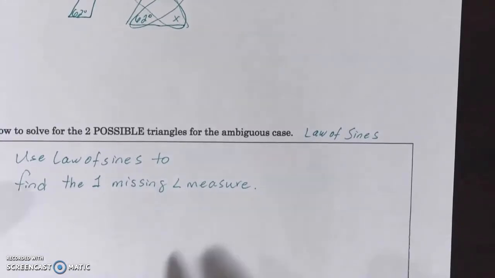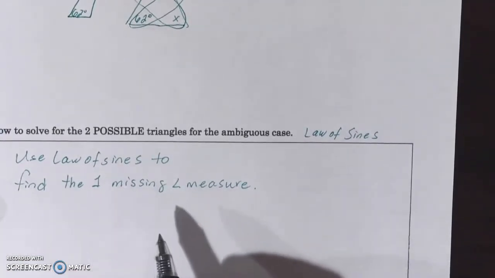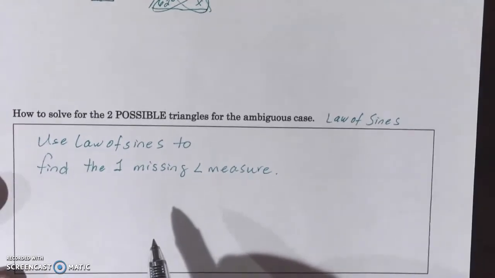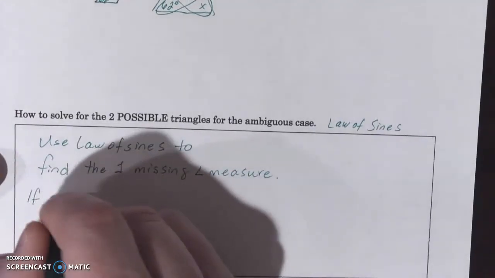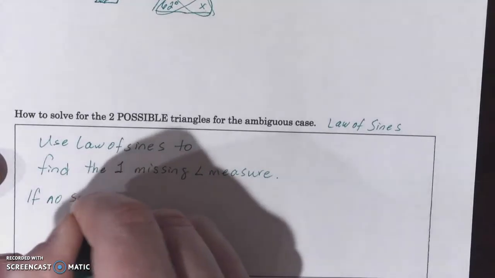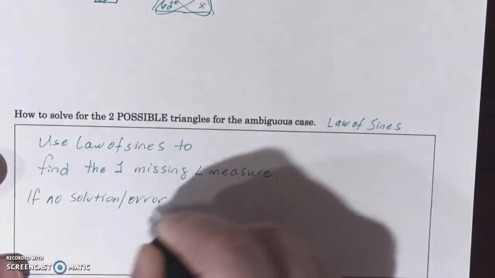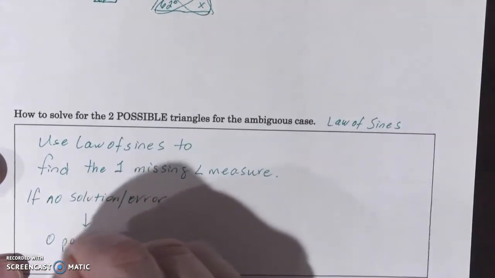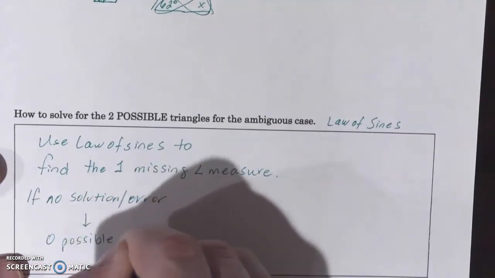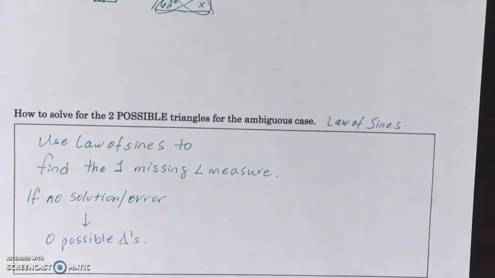So here's the deal. After we do that, there are some things that might happen. If we get a no solution or an error as we're solving for this in our calculator, there actually isn't any triangle possible with that given information, and that's okay.